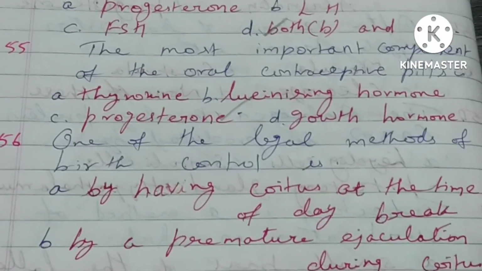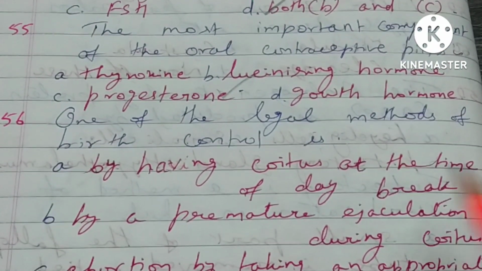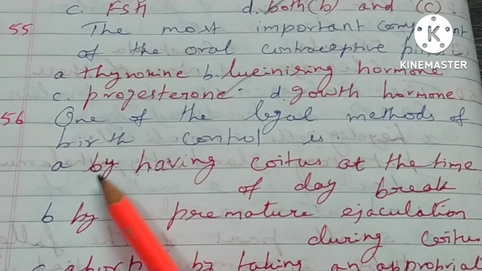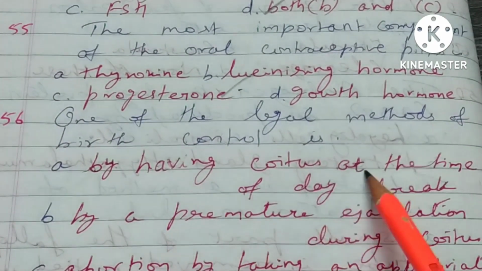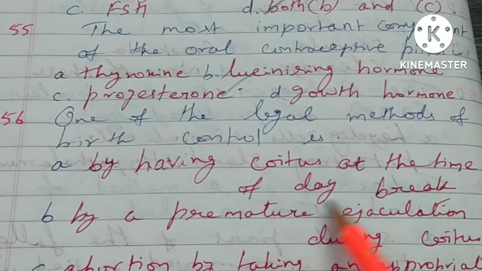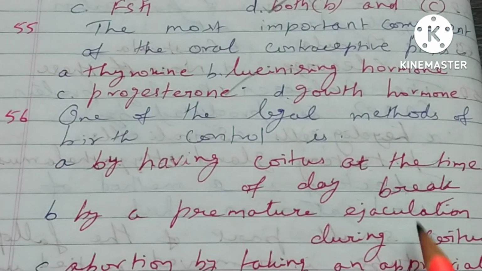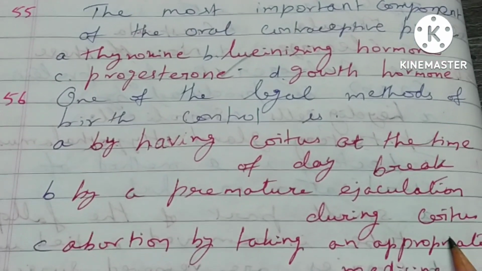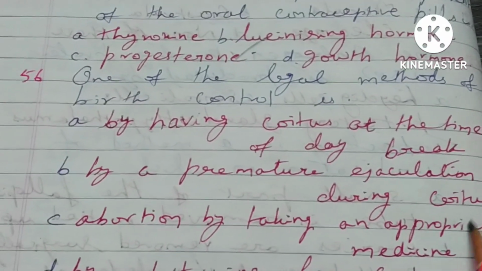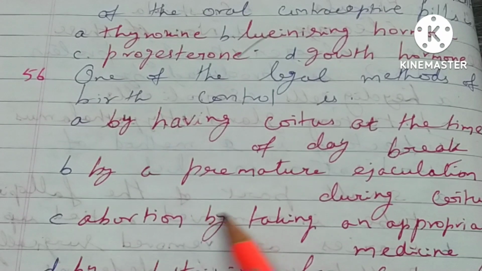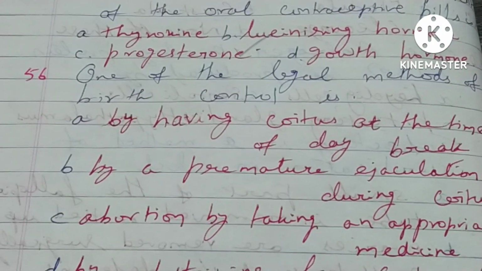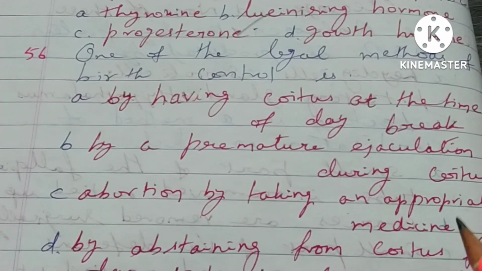Next one, a legal method of birth control is option A, by having coitus at the time of daybreak. Option B, by premature ejaculation during coitus. Option C, abortion by taking an appropriate medicine.